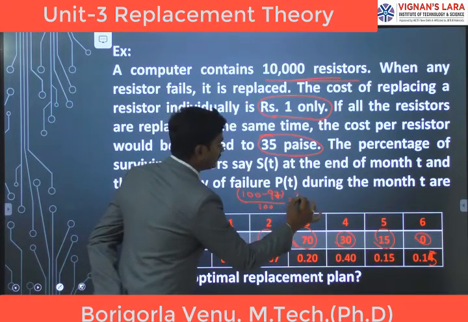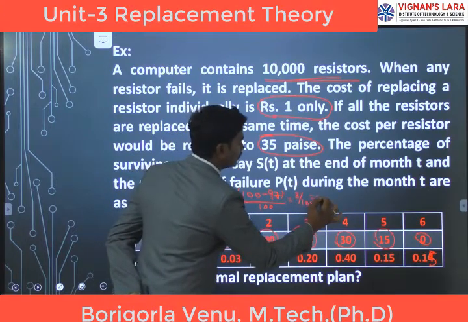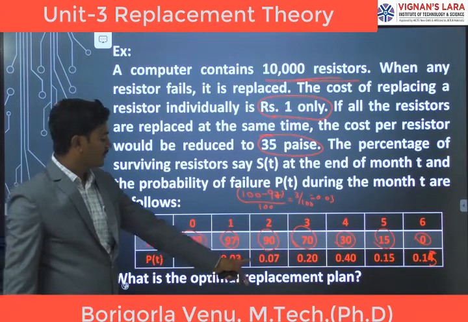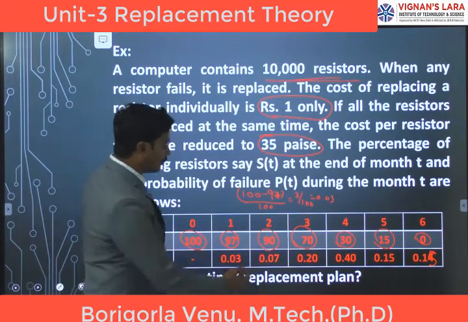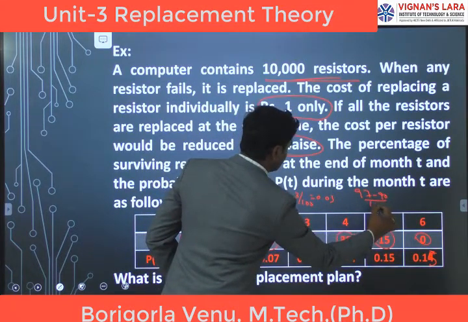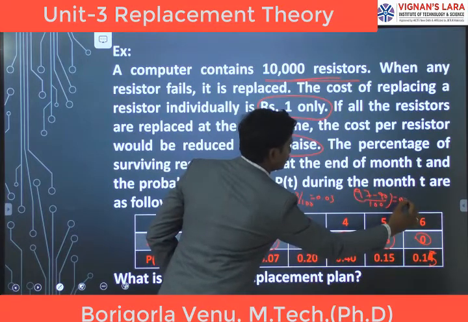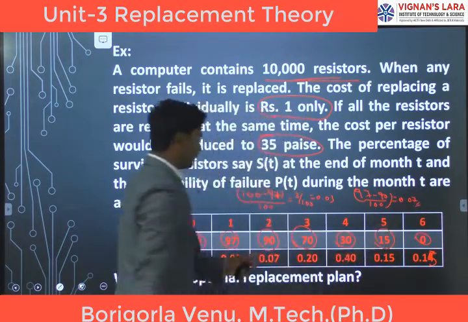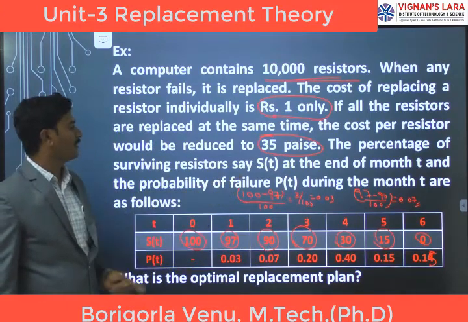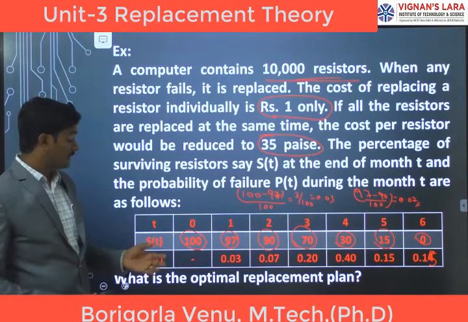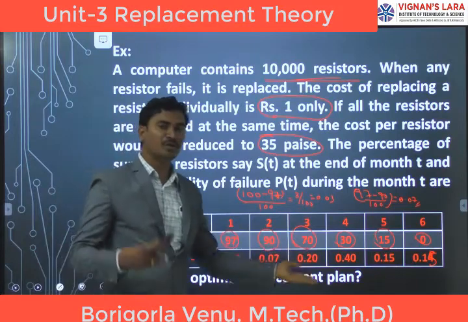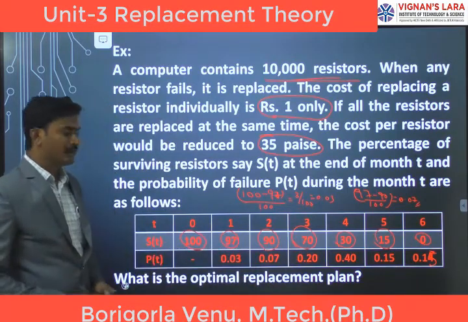That is 3 by 100, which is equal to 0.03. They have already calculated it and given the probability 0.03. Next, coming to the second one: 97 minus 90 by 100, which gives 0.07. Likewise, we have to calculate the failure probability for the other months if they don't give it. If they have given it, there is no need to calculate it, and we can directly find the optimum replacement plan.